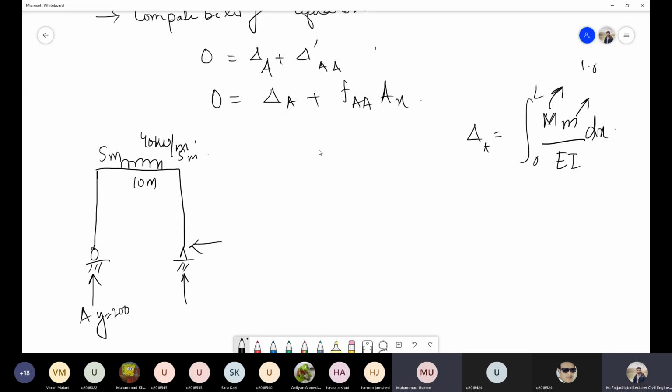And what will be this BY? 200. What will be this BX? How much? So 0. Yes. So this is x1. So what will be the moment equation for section 1?